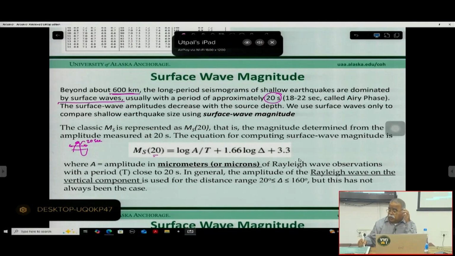So whenever you see the seismogram, you find out in your surface wave, is there any 20-second amplitude?